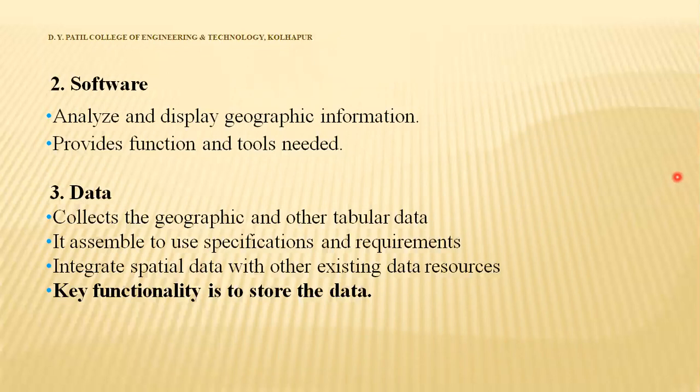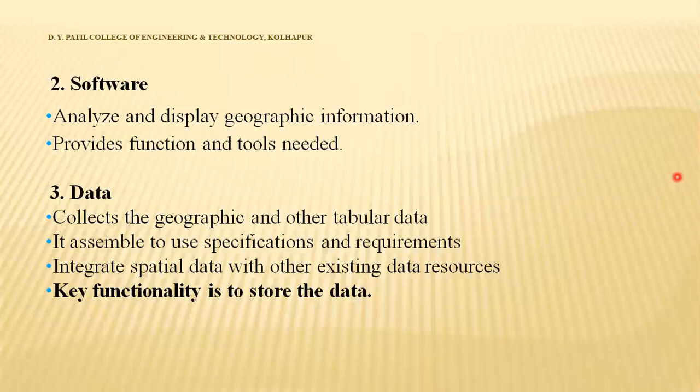Possibly the most important component of GIS is the data on which GIS works. Geographic data and related tabular data can be collected in-house or purchased from a commercial data provider. The data might be coming from remote sensing, or from the field, as we have seen in the previous lecture.